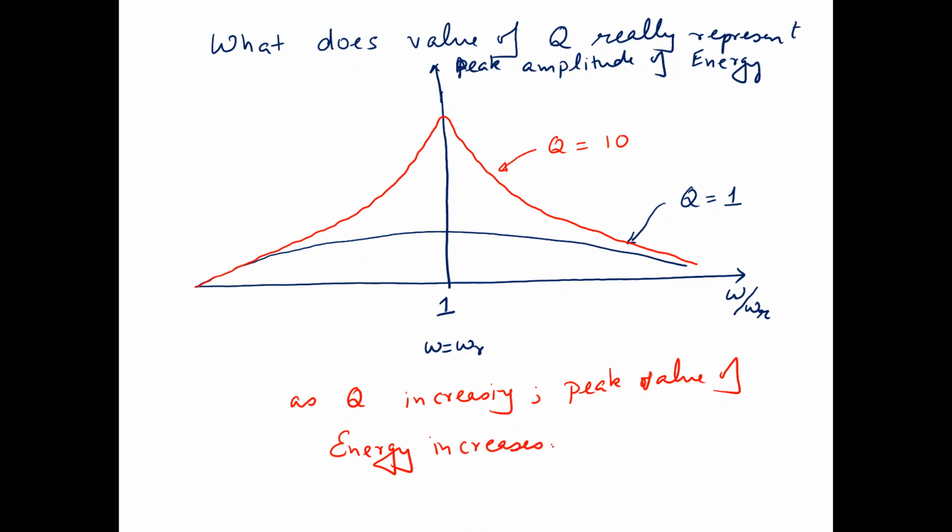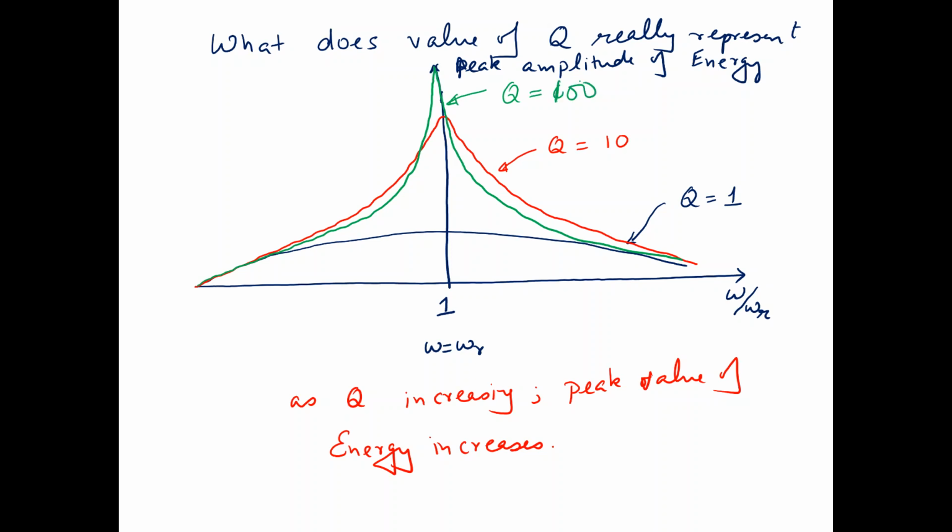If I go to slightly higher Q, then I would get a function which would be even narrower than Q is equal to 10, and would start to become more like a Lorentzian function. So this would be Q, for example, equal to 100.